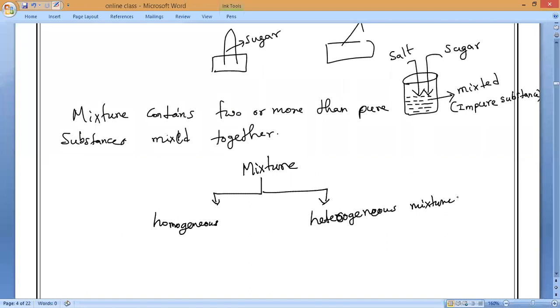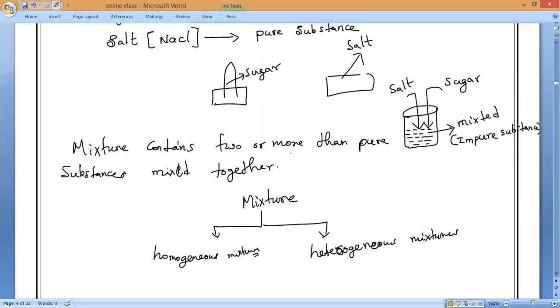So mixtures are how many types, Mitakshri? 2 types, sir. One is homogeneous mixture, another one is heterogeneous mixture. So now you tell me, is it chemical reaction or physical reaction? Only physically combined, no chemical reaction. Physically combined, that is what we call mixtures.